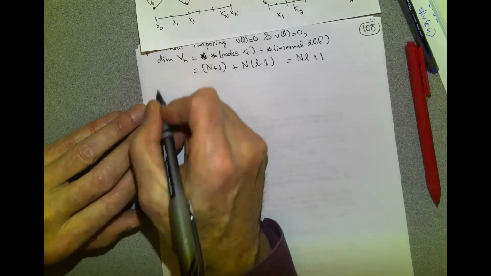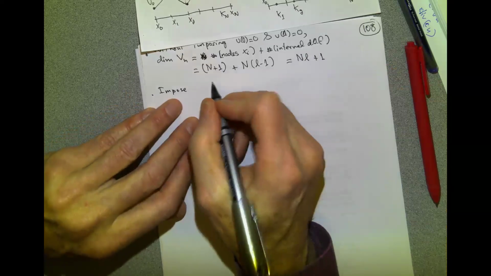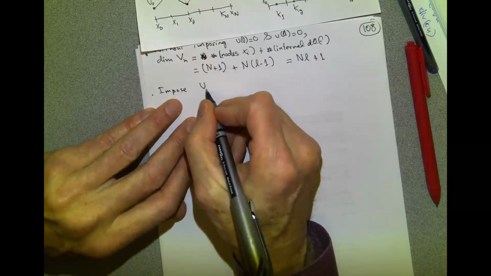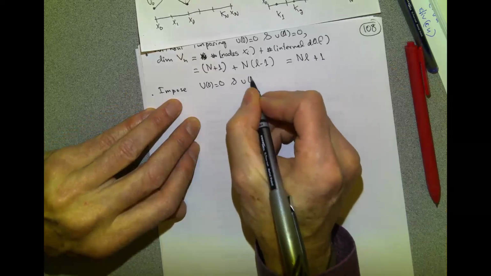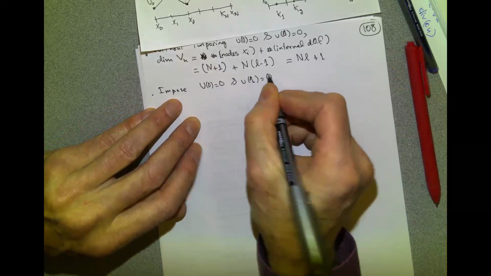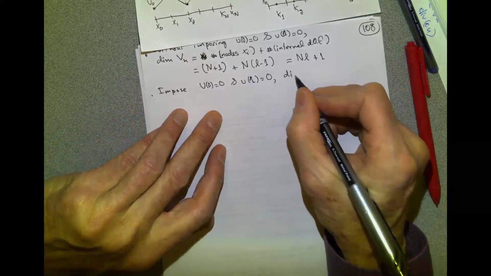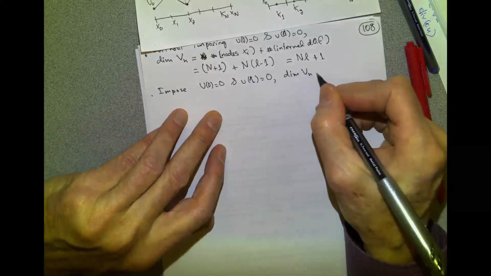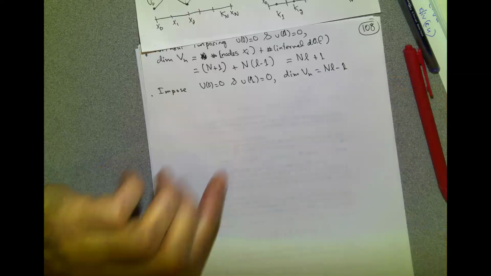Now, if I impose the end values to be 0, so if I impose U0 to be 0 and U1 is equal to 0, that means that the dimension is going to be reduced by 2, so we're going to get nL minus 1 in this case.